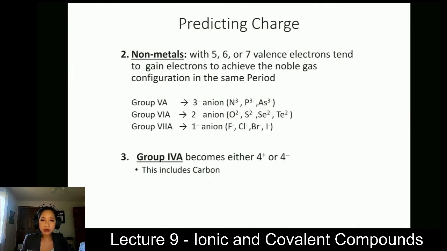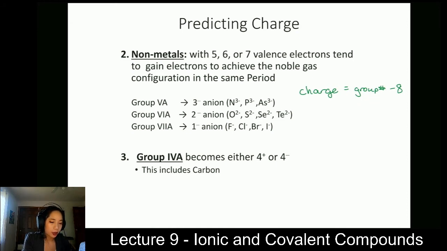While for nonmetals, we already talked about this. Nonmetals are on the right side of the periodic table. They have either 5, 6, or 7 valence electrons, and they tend to gain electrons to get to that magical number of 8. And so essentially to predict the charge for anions, it'll typically be the group number minus 8, which is our octet, our full valence shell, and that will be the charge on that specific atom.